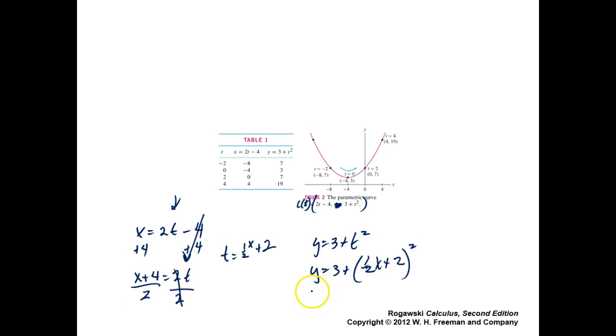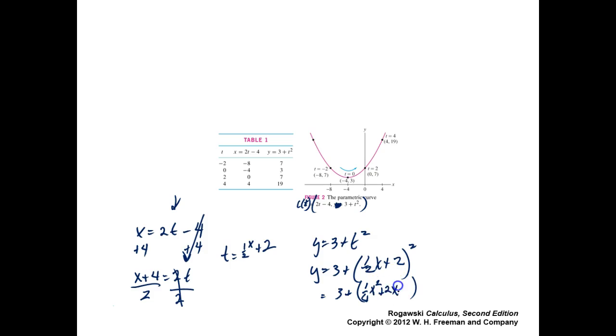Well, we got a little work to do here. That would be equal to 3 plus, okay, squaring a binomial, remember how to do that? 1/4 x squared plus 2x.